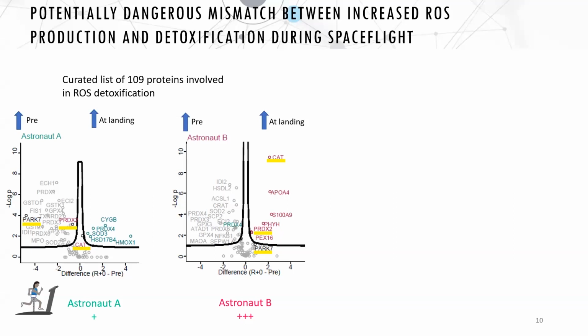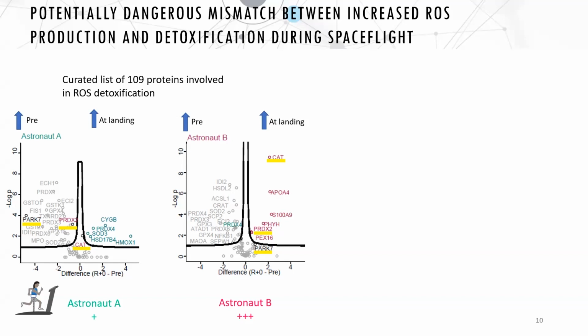The second thing is the astronaut, the red astronaut that trained more, has a difference with respect to the other astronaut. For instance, a very high induction of catalase and peroxiredoxin 2. These are not significantly induced in the astronaut who trained less.